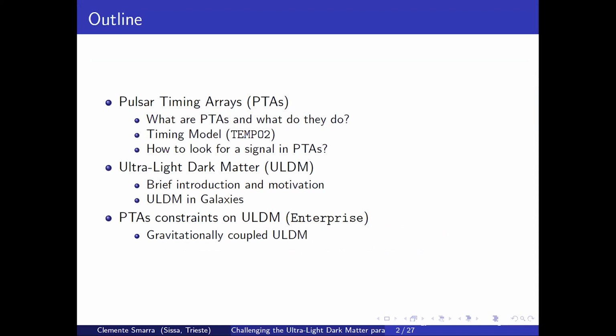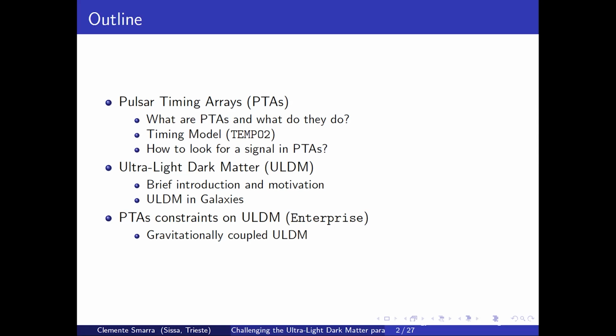So the outline of the talk will be the following. Firstly, I will spend a few words on pulsar timing arrays, basically trying to convey what pulsar timing arrays are and what they do. I will spend a few words on the timing model and in particular how to look for a signal in pulsar timing arrays.